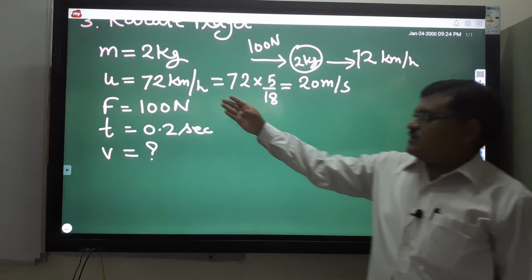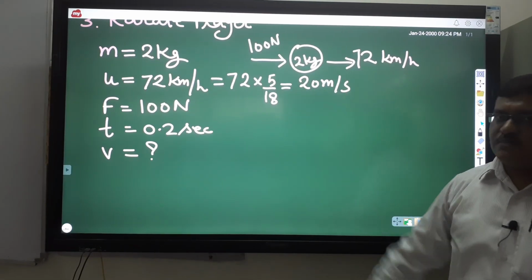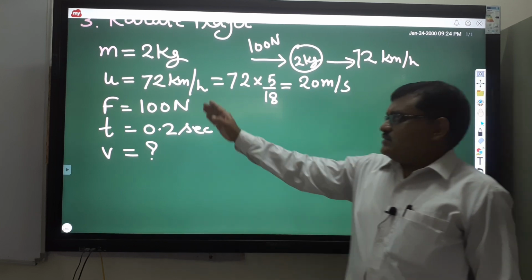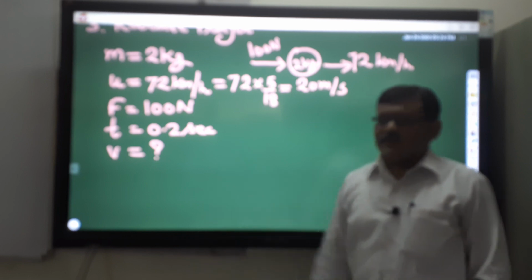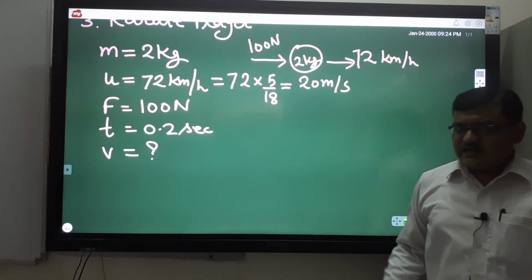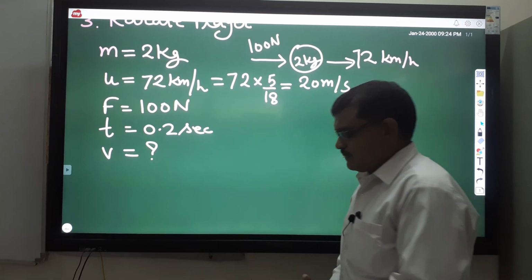So, if we convert kilometer per hour into meter per second, we need to multiply by 5 by 18. The SI unit of force is Newton, and the SI unit of time is second.